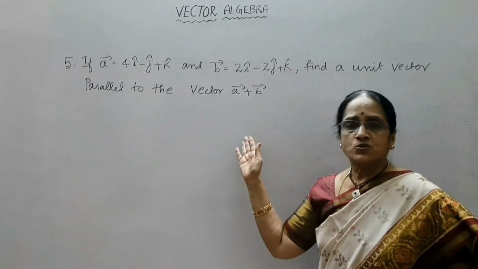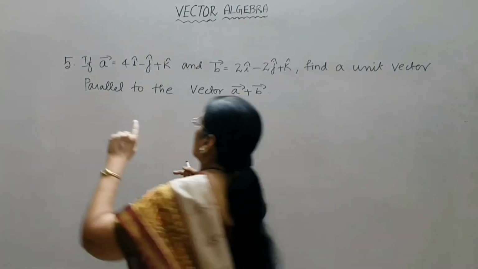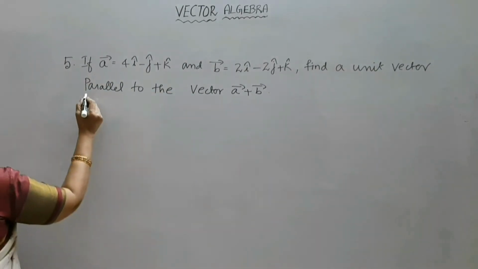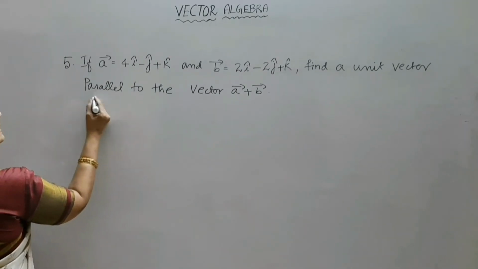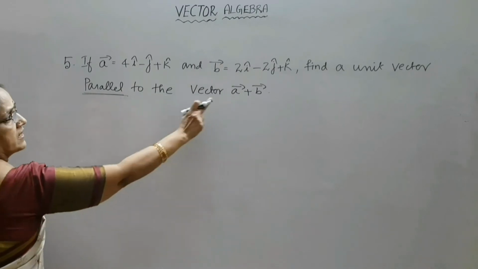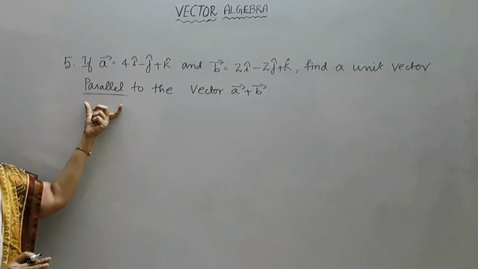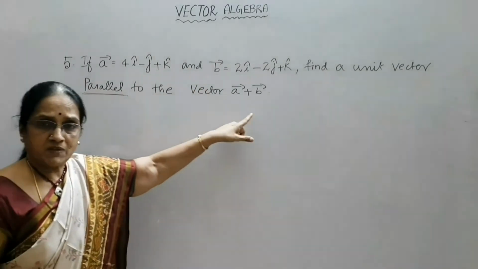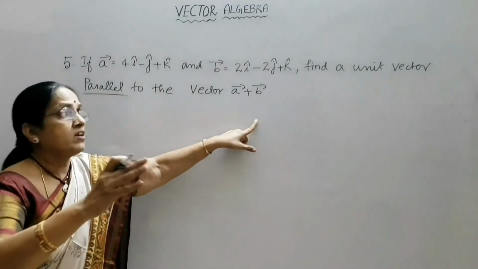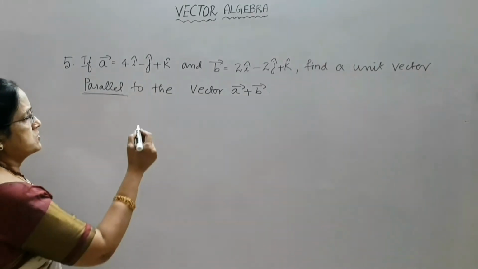It is similar to the previous question we did in today's session. But the only thing is, here it is mentioned as parallel to the vector a vector plus b vector, or along a vector plus b vector, it is going to be the same. So, solution.